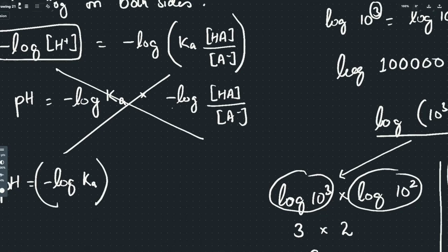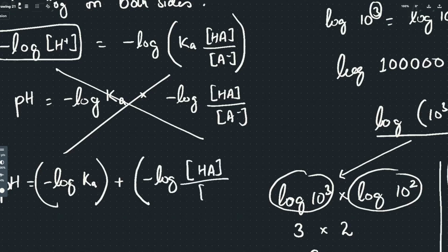And then we cannot multiply, we have to write plus, the reason I have told you. Then we have to write like this, negative log. It's a basic rule of logarithm.